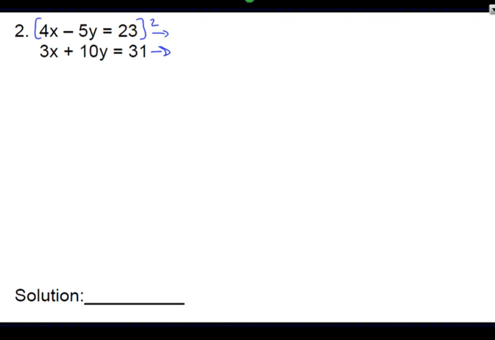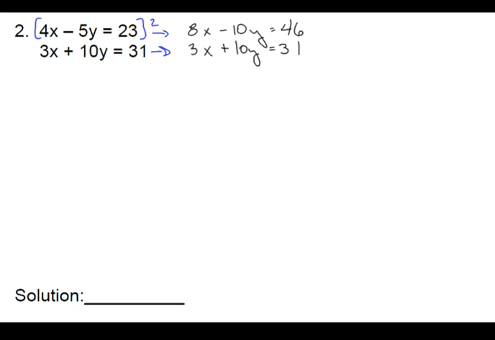The top equation now becomes 8x minus 10y is equal to 23 times 2, which is 46. The bottom equation stays the same, 3x plus 10y is equal to 31.